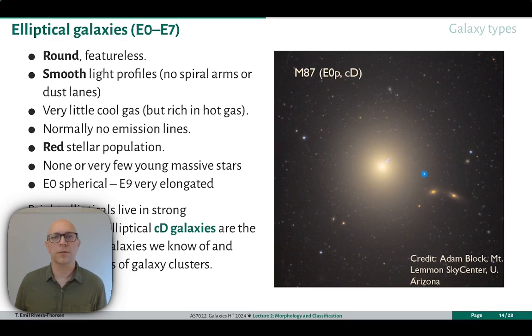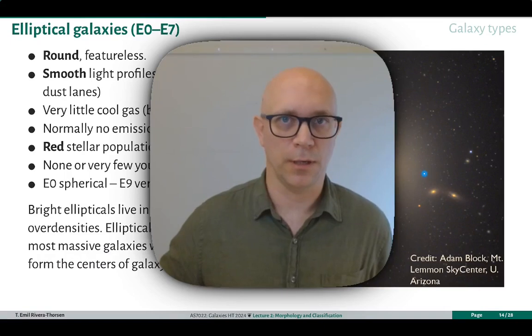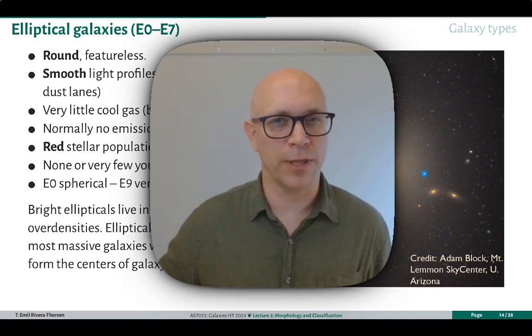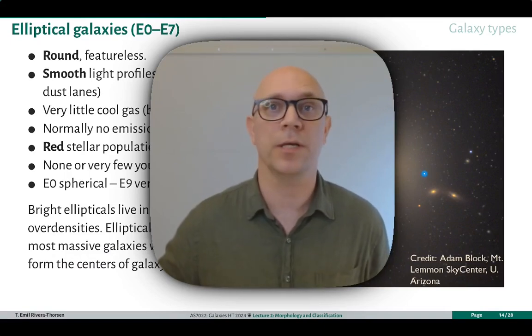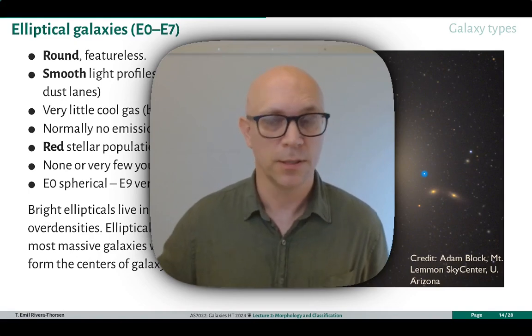These galaxies also have very little cool gas, but they are very rich in hot gas. There are normally no emission lines in their spectra, or only very weak emission lines. They have a quite red stellar population. Think for a bit about what that means about the stellar population's physical properties.